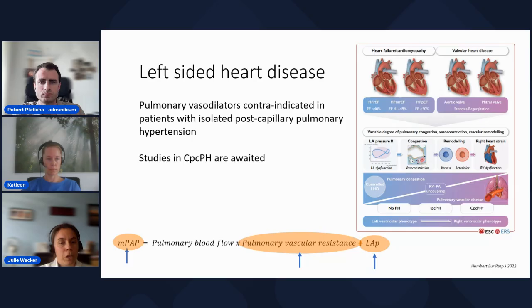And so the patients that have both increased post-capillary pressure, but also pulmonary vascular disease with increased pulmonary vascular resistance might benefit from the pulmonary vasodilators, but we still need to have some evidence for that.